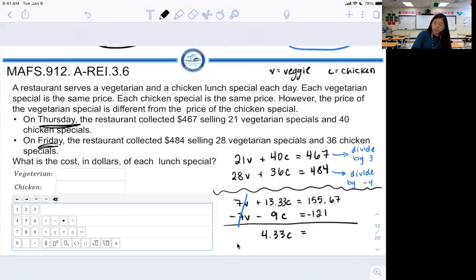And then 155.67 minus 121 is 34.67. And now I divide both sides by 4.33. And I get 8. Nice, it actually worked out to be a whole number. So C is 8. So the chicken meal is $8.